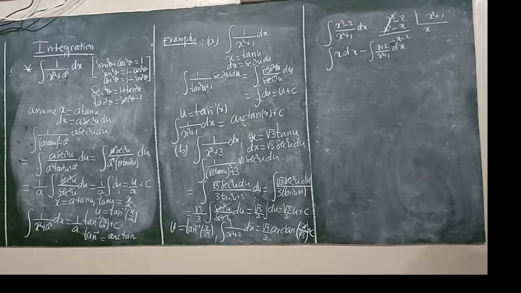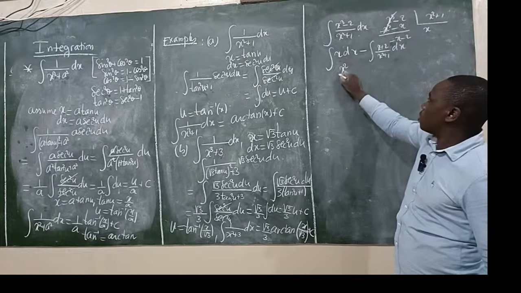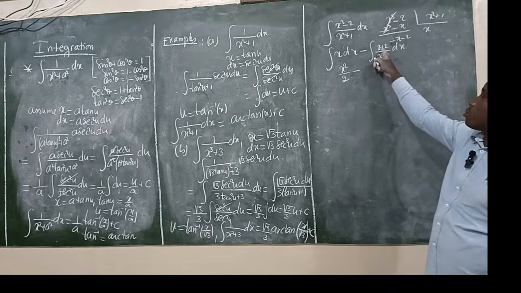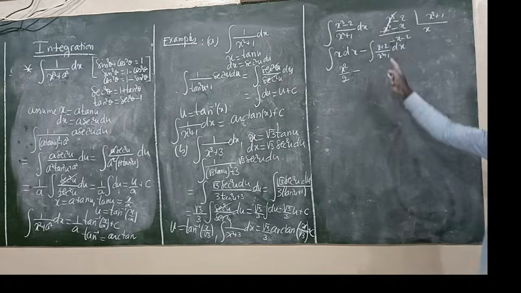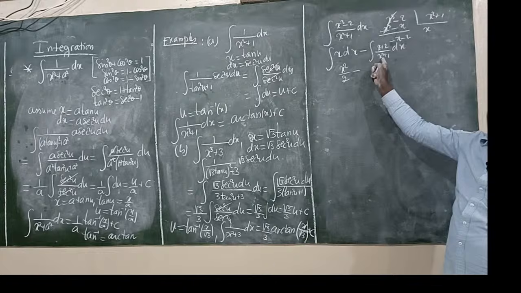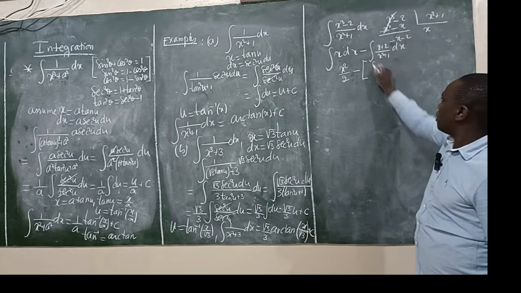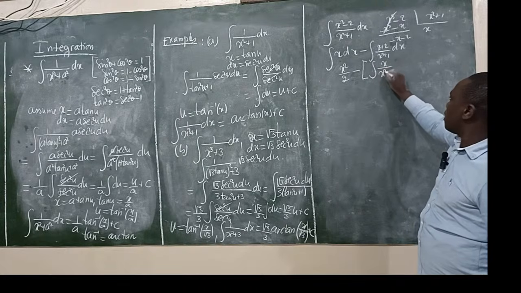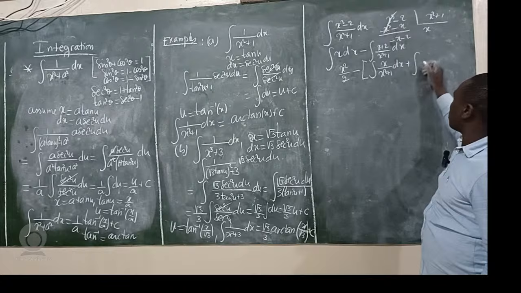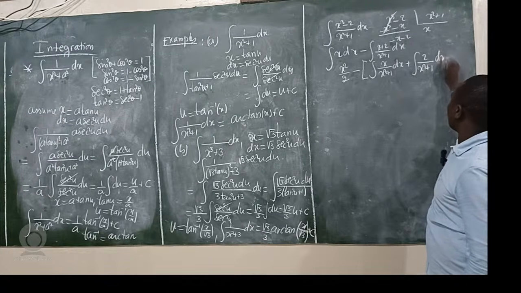What is this? The integral of x is x squared over 2 minus, I'm going to split this: the integral of x by x squared plus 1 dx plus the integral of 2 by x squared plus 1 dx.